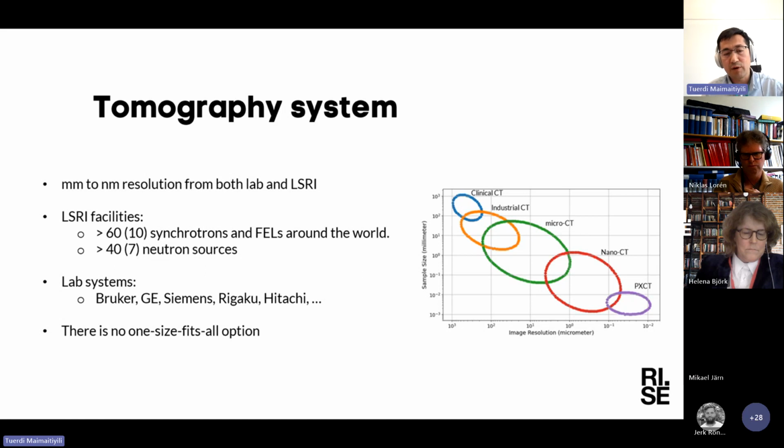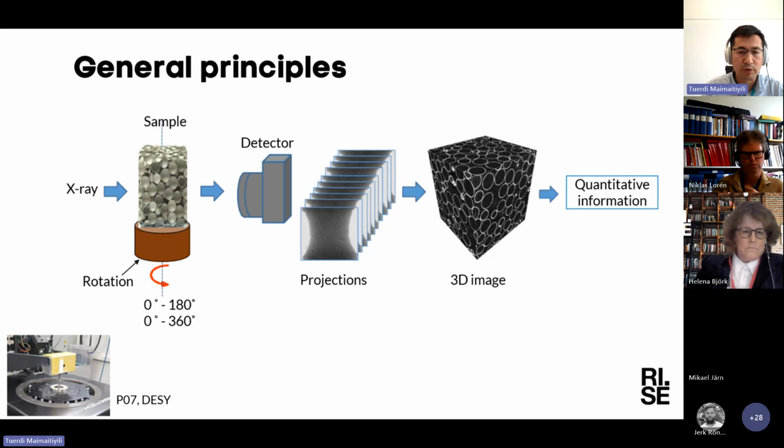However, even though we have such a large pool of options, none of the facilities or systems can do all types of measurements in one place. All of them have some specialities and advantages, and they are quite unique in their own ways.